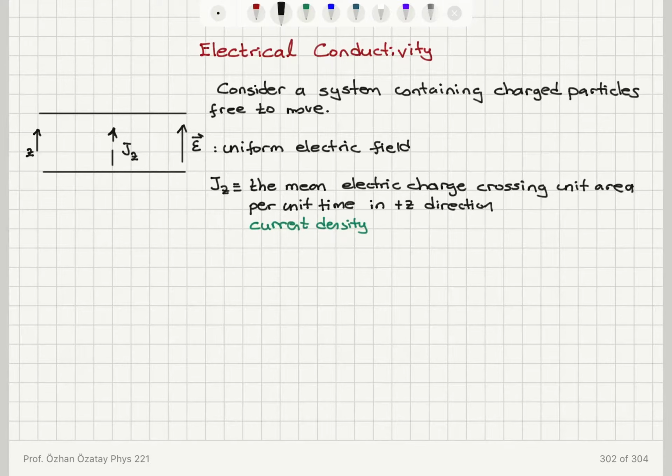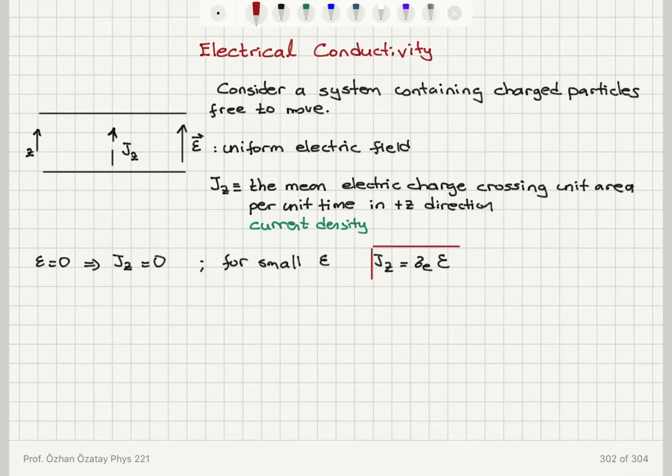So if epsilon was 0, if we had no electric field, that would give us a 0 current density, no current flow. But on the other hand, if I have a small electric field, for small epsilon, we find that the current density is directly proportional to the electric field with a constant sigma e.